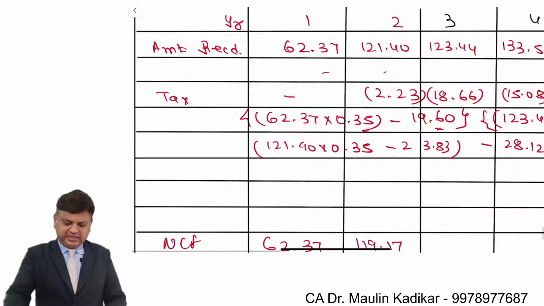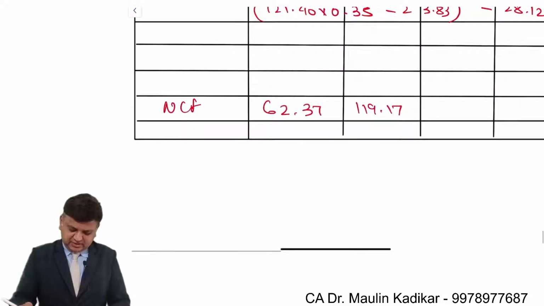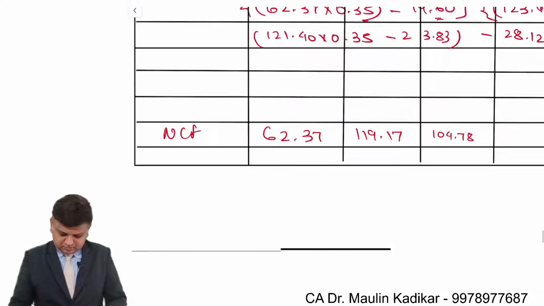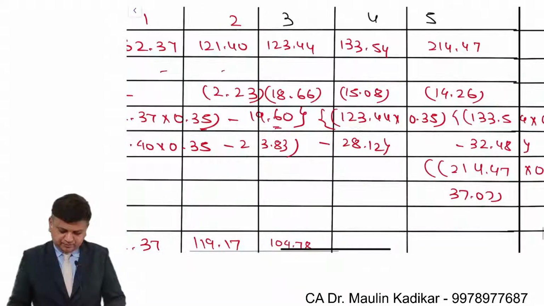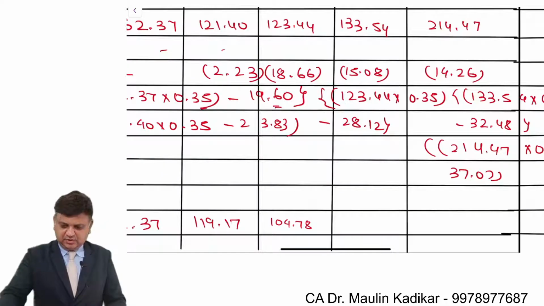So let us calculate the cash flow for the third year. It is 123.44 minus 18.66, so it is 104.78. Cash flow for the fourth year, 133.54 minus 15.08.